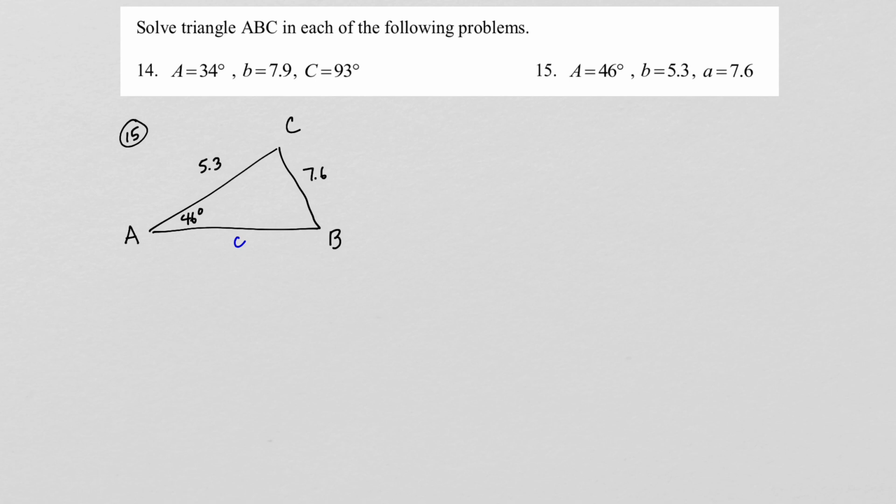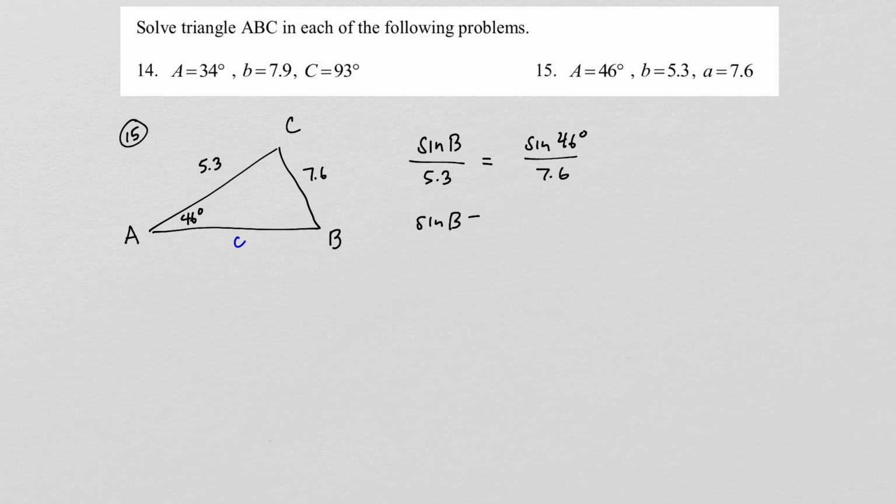Now what we're going to do here is use the fact that we know side A and angle A, and we're going to use that to find angle B. The reason we start with angle B is because we know the side opposite angle B. So the law of sines tells us that sine of B divided by 5.3 is equal to sine of 46 degrees divided by 7.6.